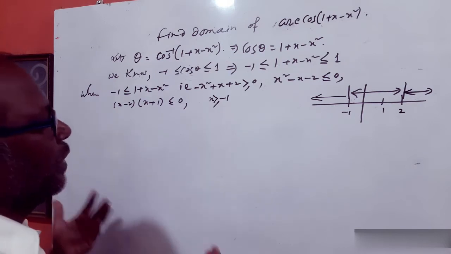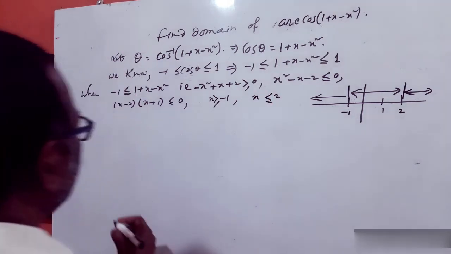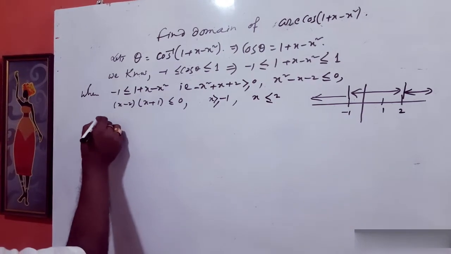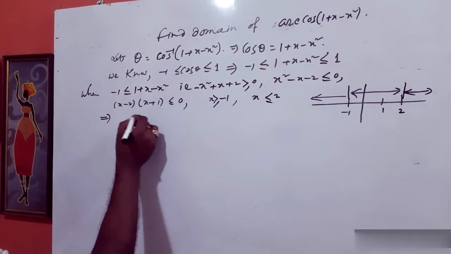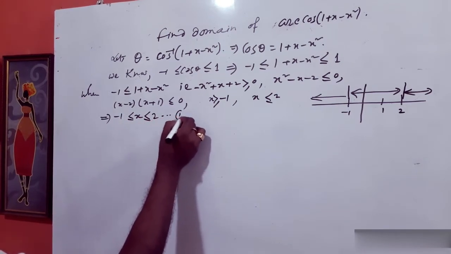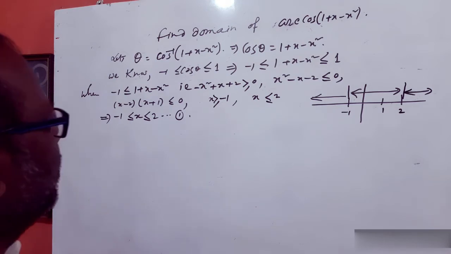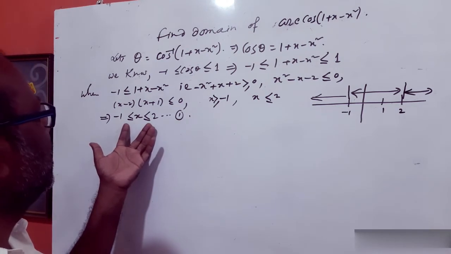So we can take x less than 2. Therefore we get the domain from -1 to +2. This is number one case.